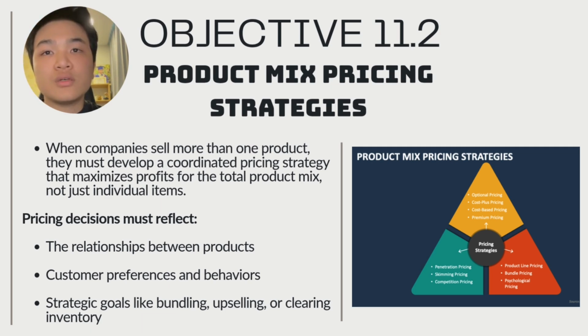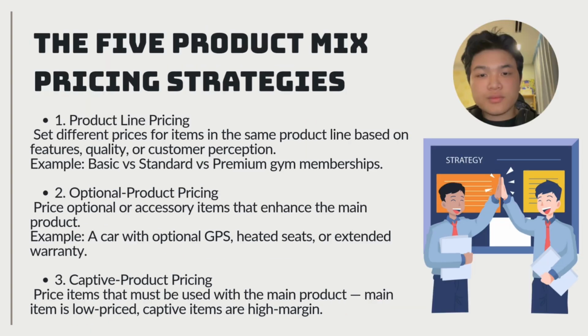The goal is to maximize value across the entire product line while also guiding the customer choice, and increase perceived value. So now let's look at the 5 specific strategies marketers can use.